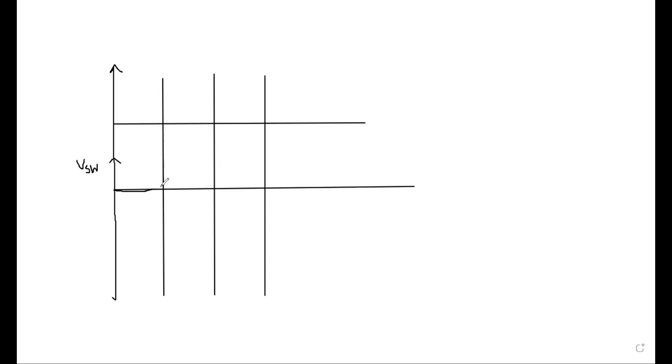First of all, the switch is closed. This is VDC, the supply voltage coming out. This way it will repeat.